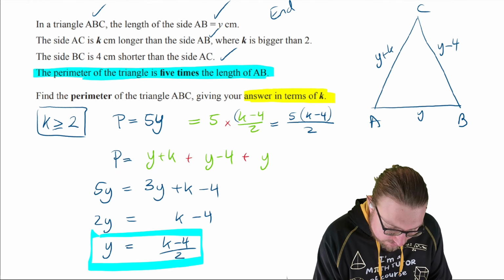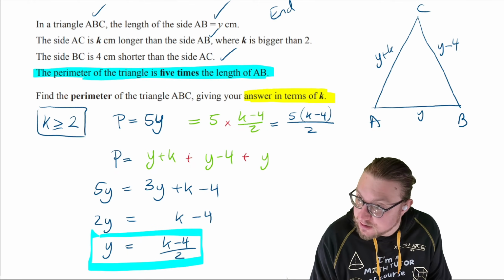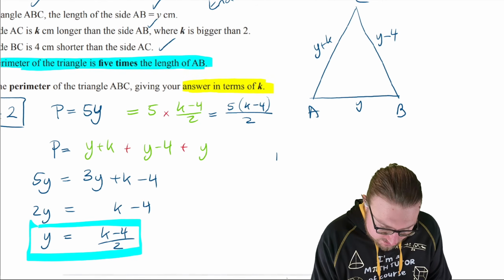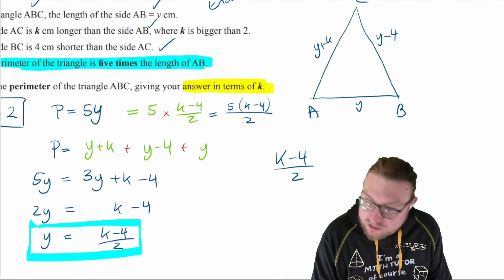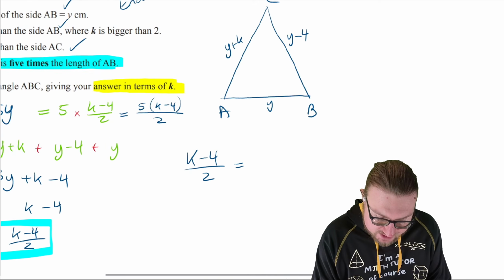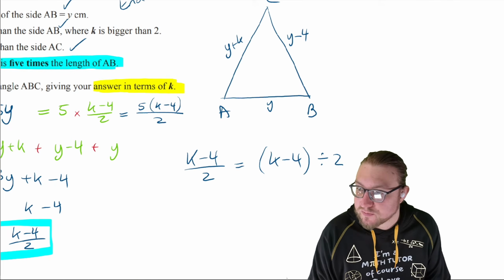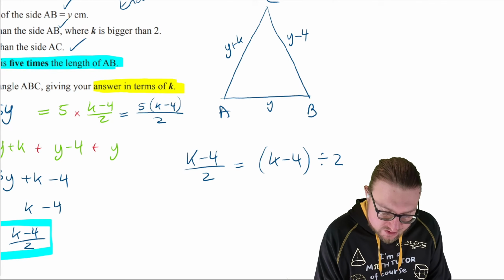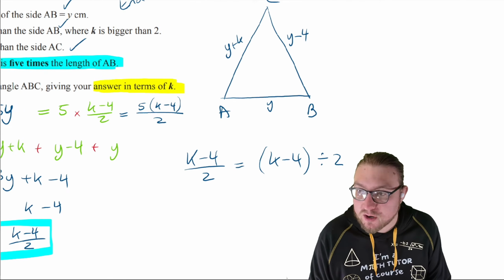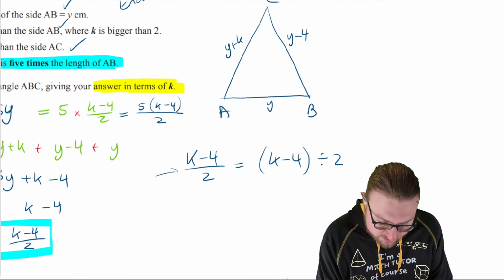Because technically what this is saying, I can write it over here on the side, k minus 4 over 2 is the same thing actually as k minus 4 first, then divided by 2. Because we always calculate the numerator and the denominator one by one, then we do the divided by calculation.